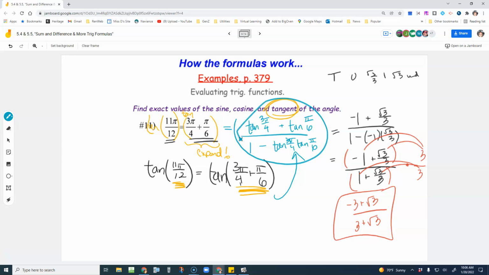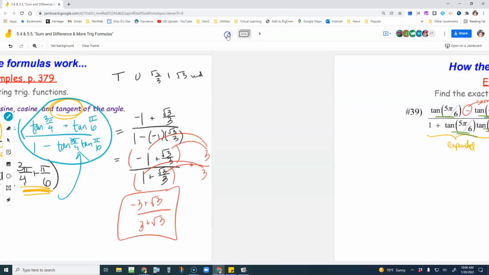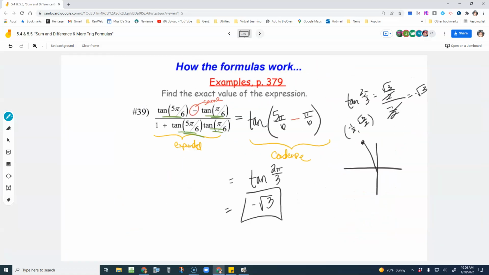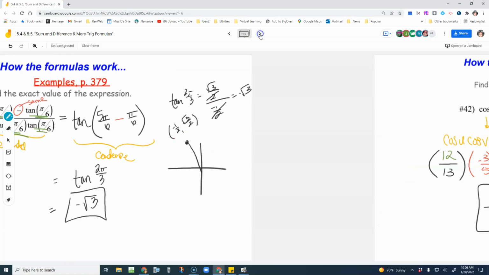With the formulas, you can go from condensed to expanded if it makes it possible, but otherwise, if you can take expanded to condensed and it works in the unit circle, please do that. These formulas are great because sometimes they make a crazy problem simpler. Just sometimes the simpler problem is impossible, so we have to deal with the crazy version. And those are the examples that we did last time.